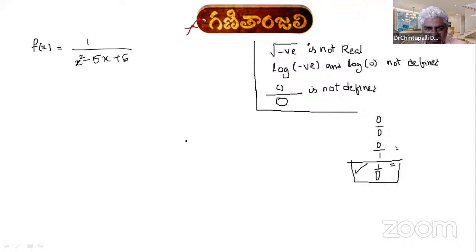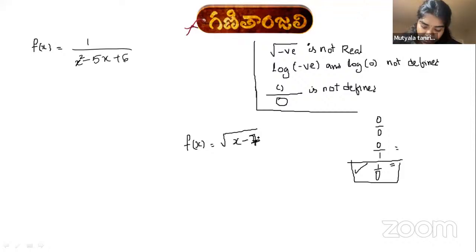For example, if f of x is given as the square root of x minus 7, and asked for the domain of that function, right? What's the value of f of 1? What happens when we put x is equal to 1?